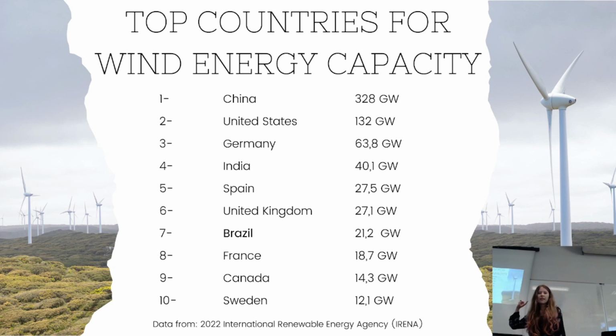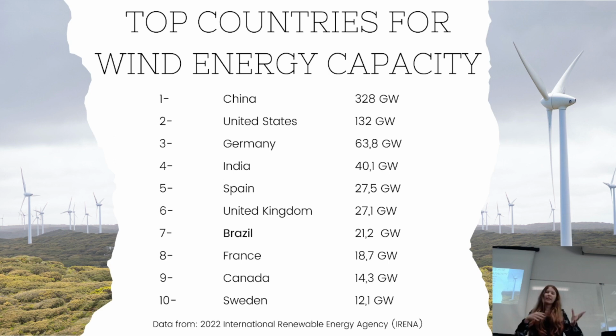And here are some of the top countries for wind energy considering capacity. The main one is China, which is more than 10 times what Brazil can produce. Brazil is currently in 7th place with 21.2 gigawatts of capacity. And you may notice that Sweden is in 10th place currently.